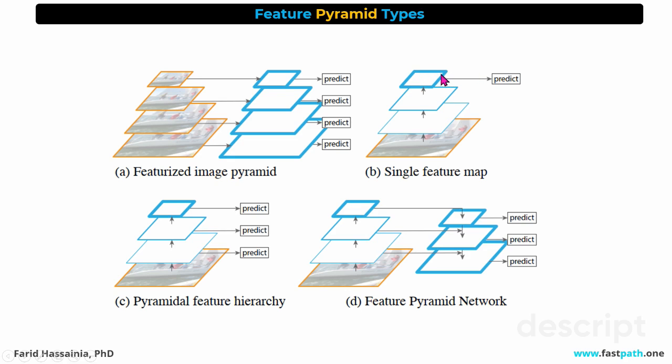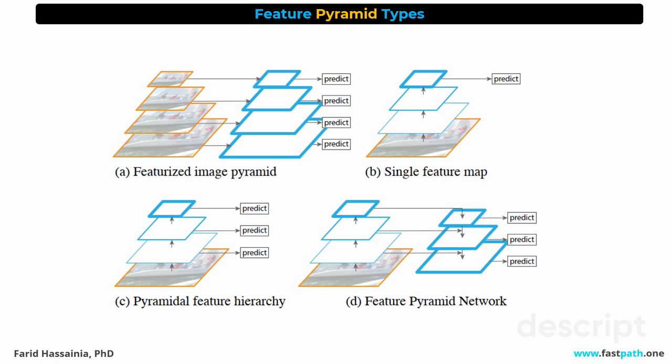So for object detection, we predict not only the class, but also the bounding box. The shortcoming of this technique is the fact that we are not leveraging the feature maps at the intermediate levels. So the next idea was to predict the classes and the boxes at each feature map level.